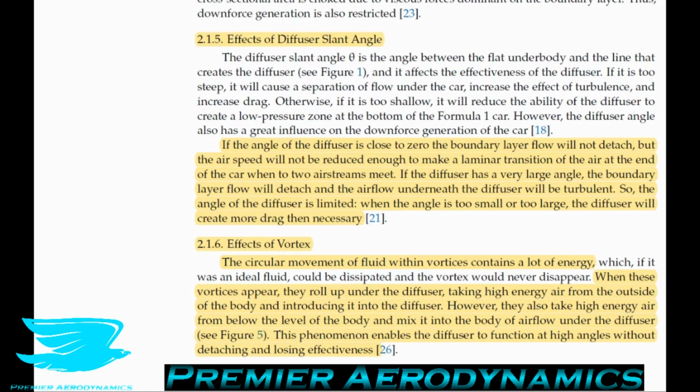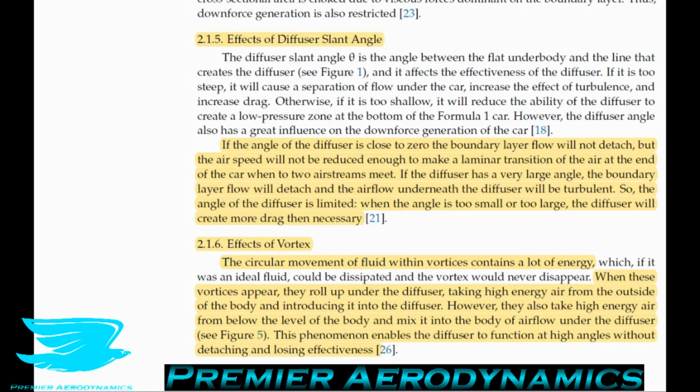On the one hand, if you have too great a diffuser angle, as I mentioned, you will get flow separation. But if you have no diffuser angle, then when you have the flow from underneath the body reaching the free stream air, there's going to be a lot of turbulence because you effectively have a jet meeting the free stream. So when you have two streams of different velocities, you'll then get a shearing layer between the two.